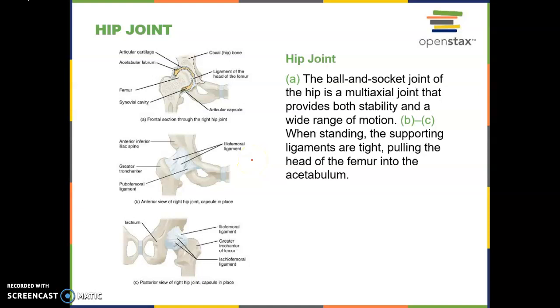The first ligament is called the iliofemoral ligament, and this connects the ilium to the femur. So ilium to femur is iliofemoral ligament. Then we have the pubofemoral ligament, which runs from the pubis to the femur.